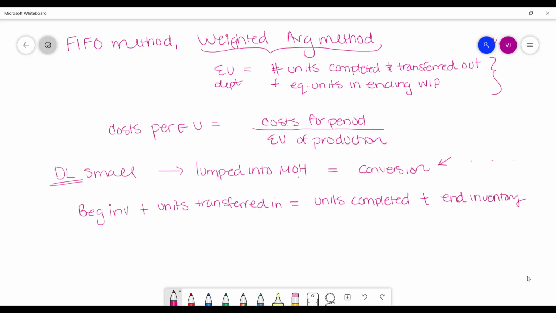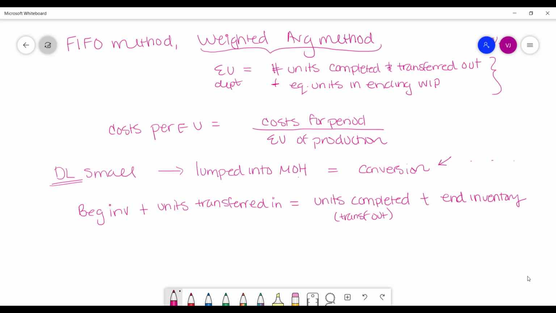So any beginning inventory within a department, plus the units that were moved over to that department, should be equal to the units transferred out, so units completed, plus that ending inventory.